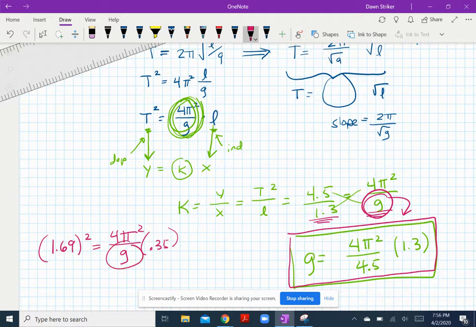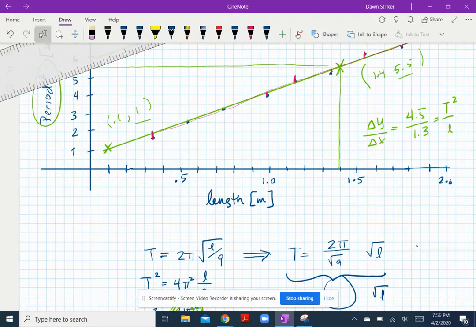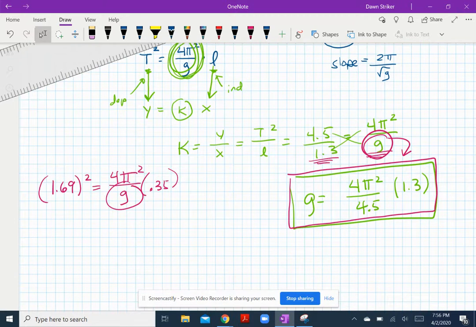Sure, that'll give you an approximation for g, but that's only using one data point. That means you've wasted all of the other ones. So if you make use of your line of best fit, it averages out all the data, averages out all the errors, and you get a much better value for g.